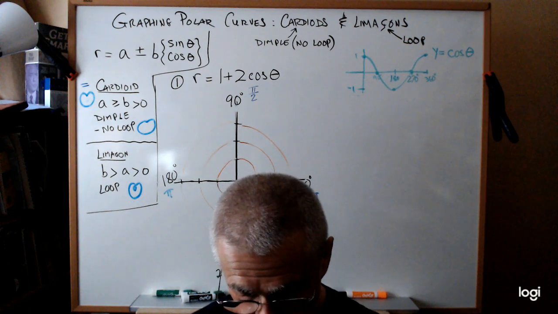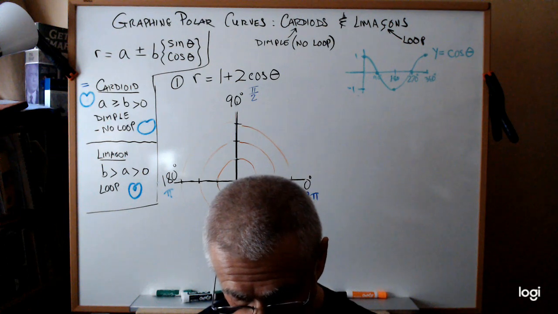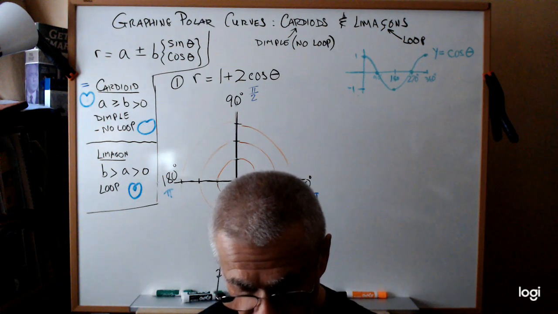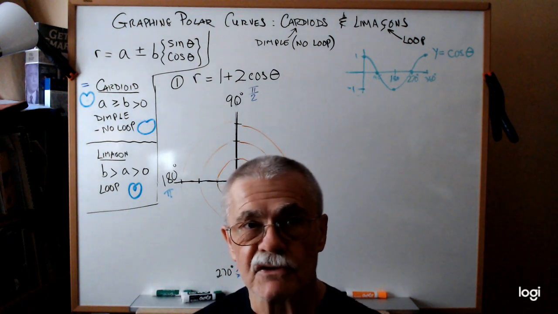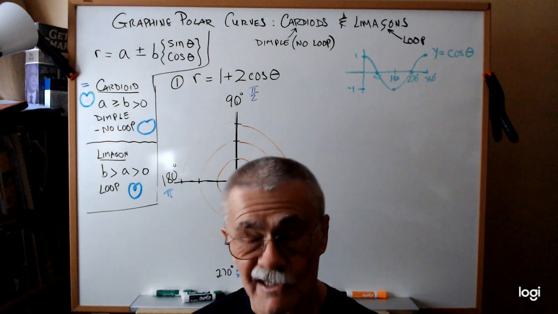And then we go to the window key, and theta min is 0, theta max is 360, and theta step, we're going to go in steps of 15 degrees.